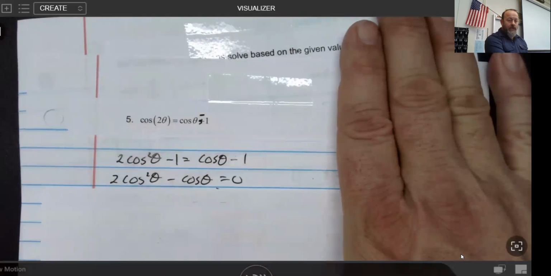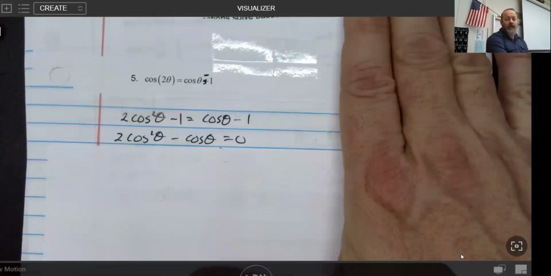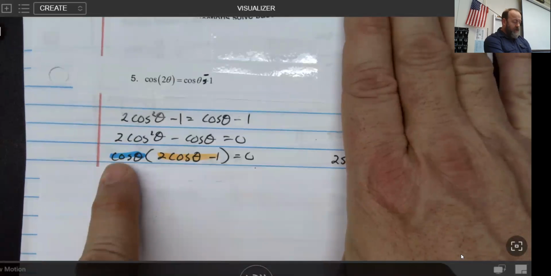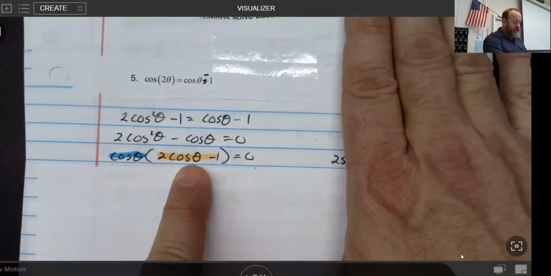Well, in this case, you'll notice that both of these things have a cosine in common. And that cosine that we have in common then allows me to factor a cosine out. And then I'm allowed to use the zero product property. So the only way that this product can be 0 is if the blue piece is 0 or if the orange piece is 0.